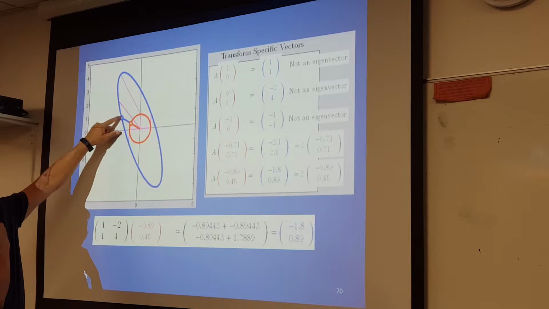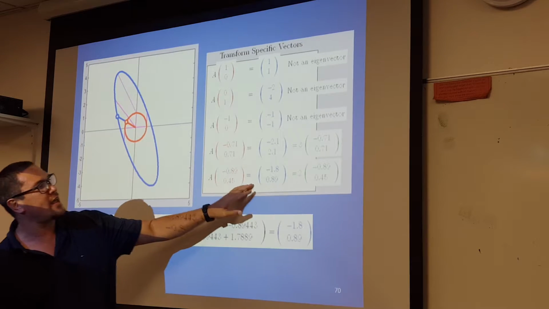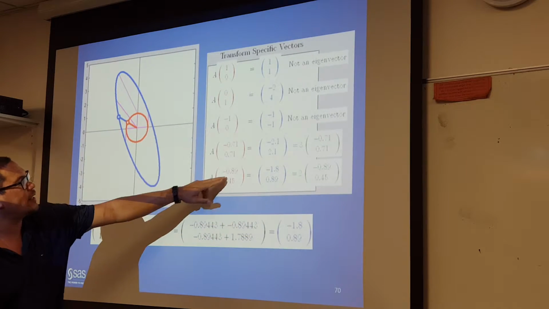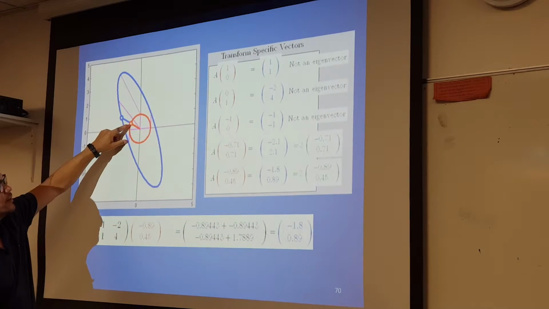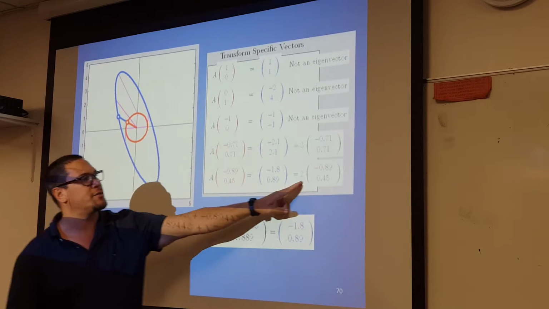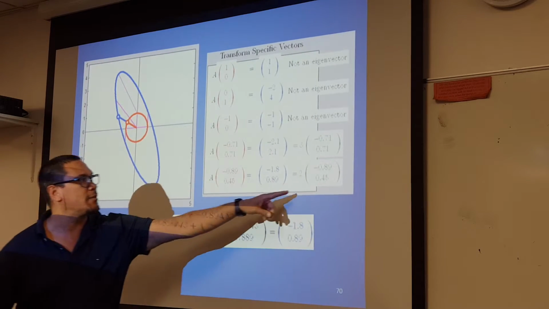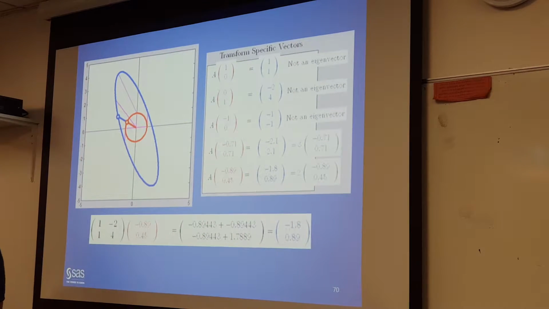So this is the second eigenvector, because if you multiply that by the matrix A, you end up with negative 0.89, 0.45, this one here, which is in the same direction, and the resultant vector is just double what it originally is. So the eigenvalue is 2.